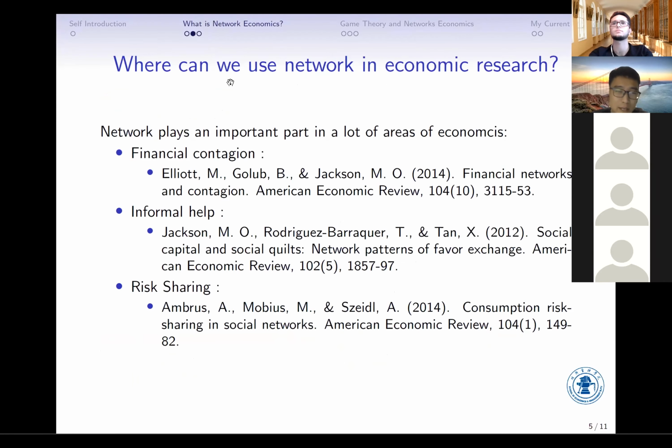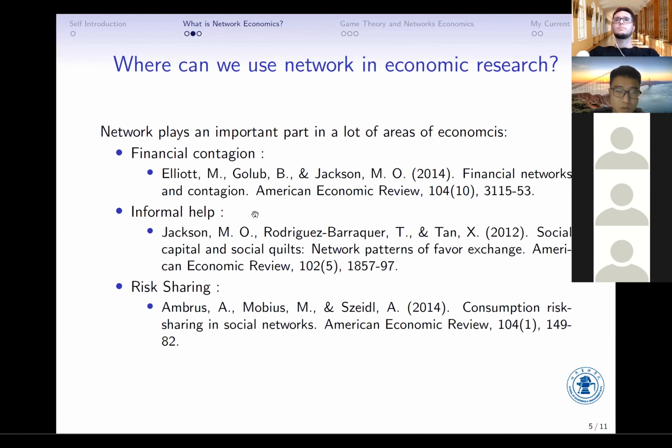So where can we use network in economic research? I think there are a lot of fields we can use network. For example, the financial contagion. If we know the financial network in detail, we can prevent and control the financial crisis. And another field is informal help.